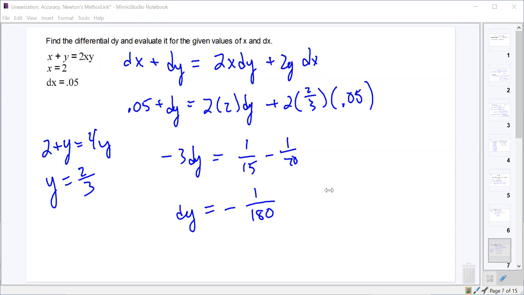Where do I have a 70? Oh, that's a 20. Should be a 20. 0.05 is 1/20.